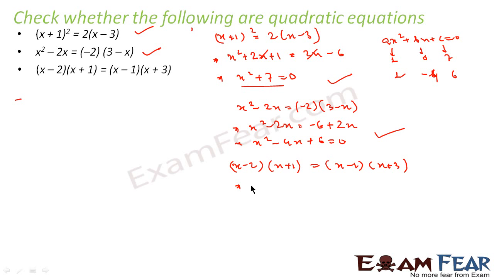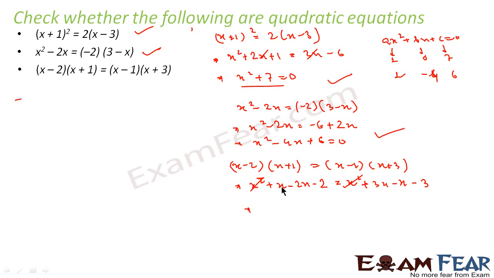This becomes x square, x into 1 is x, minus 2 into x is minus 2x, minus 2 into 1 is minus 2, is equal to, on this side also you get x square, x into 3 is plus 3x, minus 1 into x is minus x, minus 3 into 1 is minus 3. x square cancels. Correct? What you get here is minus x, and this is minus x also cancels.